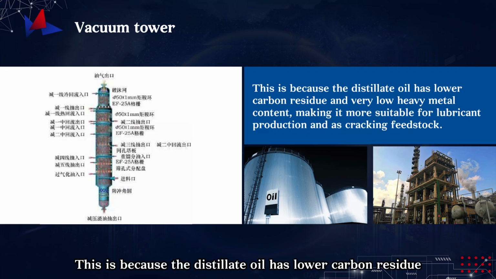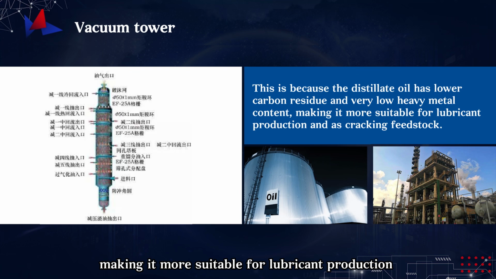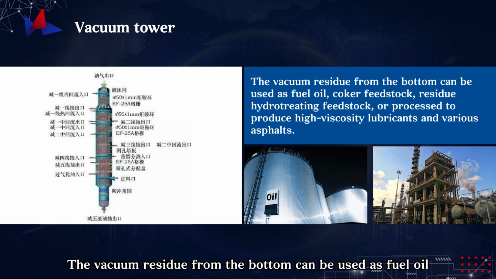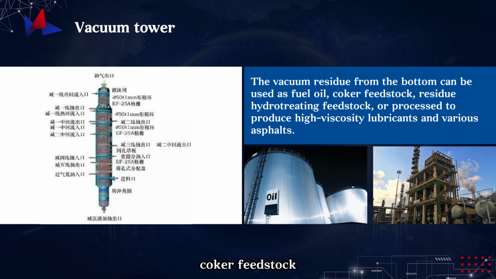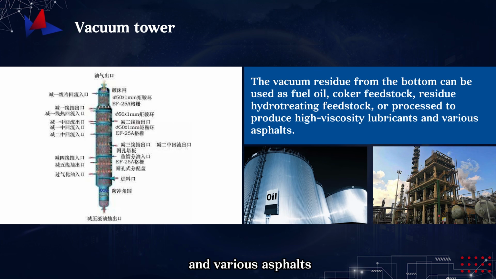This is because the distillate oil has lower carbon residue and very low heavy metal content, making it more suitable for lubricant production and as cracking feedstock. The vacuum residue from the bottom can be used as fuel oil, coker feedstock, residue hydrotreating feedstock, or processed to produce high-viscosity lubricants and various asphalts.